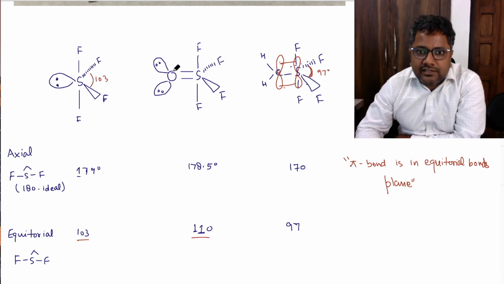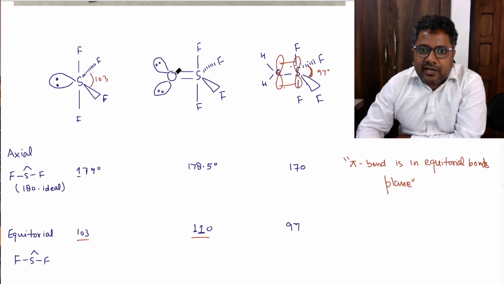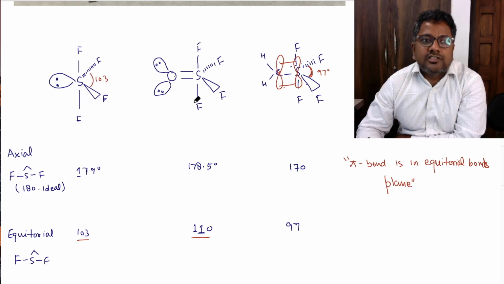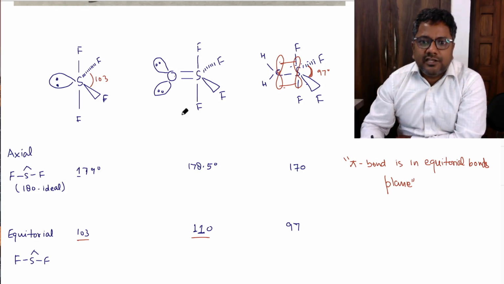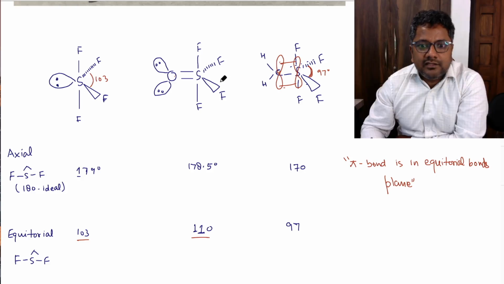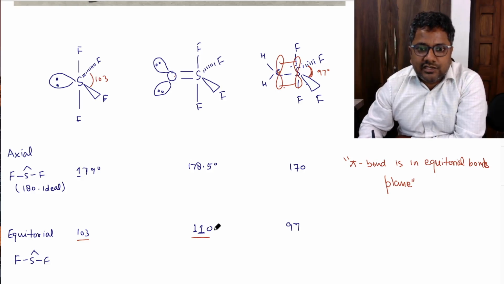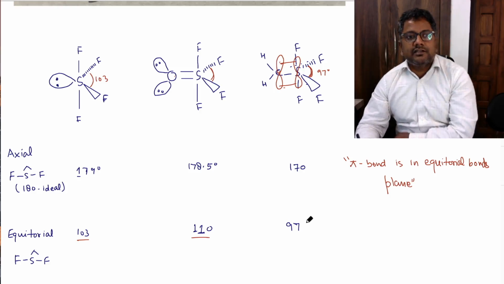So here you can say that this sulfur oxygen pi bond plane is in the axial bonds plane, means it is coming out like this, right? It is not in the equatorial bond plane. That's why this equatorial bond angle is not decreased much as in the case of this and in the case of this.